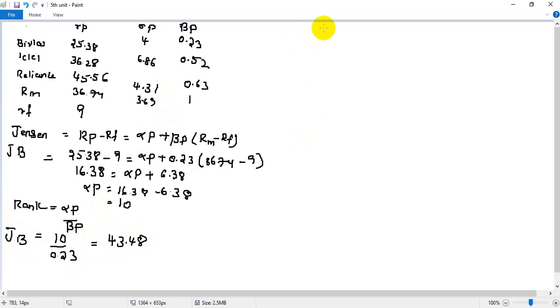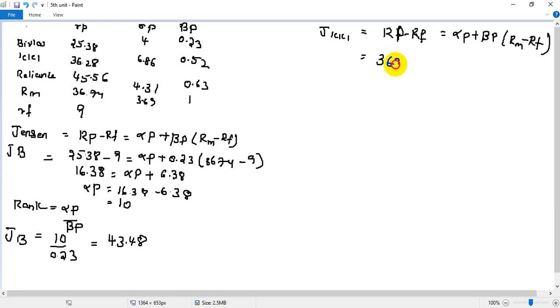Now we are going to calculate the Jensen performance of ICICI. It will be a similar formula: RP minus RF is equal to alpha P plus beta P into RM minus RF. Here again, 36.28 minus 9 is equal to alpha P plus beta P, which is 0.52. RM is similar, 36.74, and you need to take minus 9.